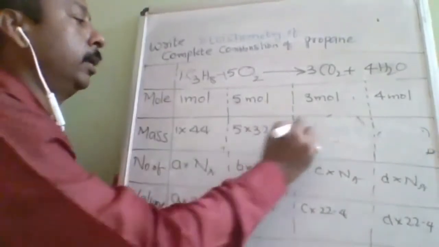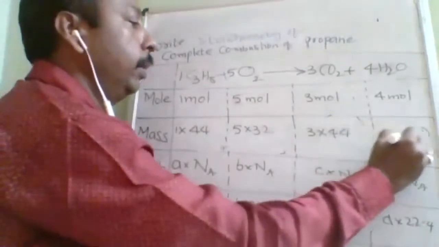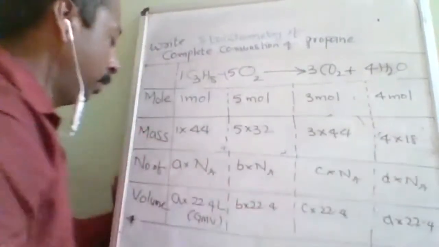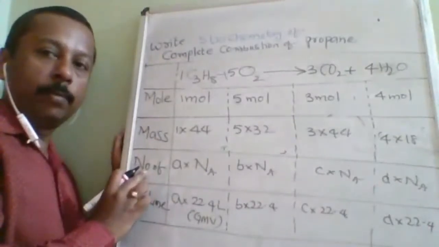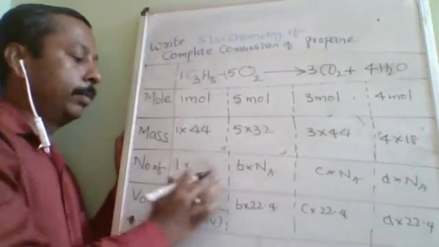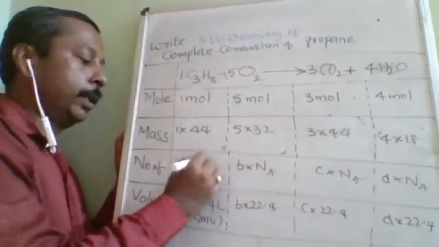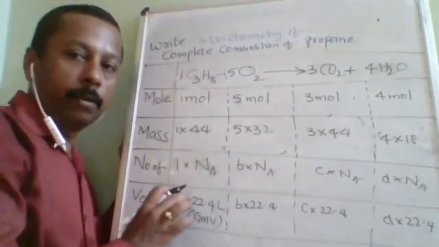So here 3 into 44, and here 4 into 18. Understood? Now when you want to convert it into number of molecules, you should make use of Avogadro's number, Na. So 1 into Na, I will write directly. I think everybody knows the Avogadro number now.